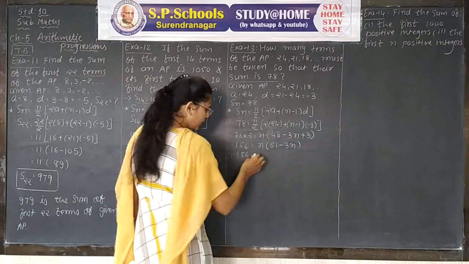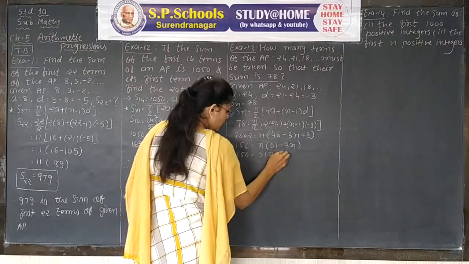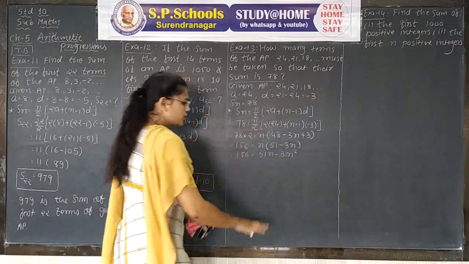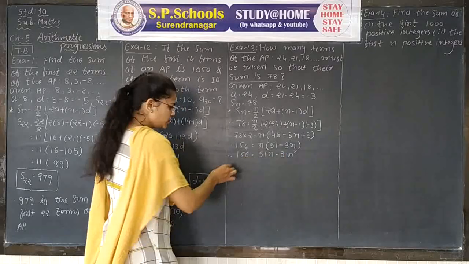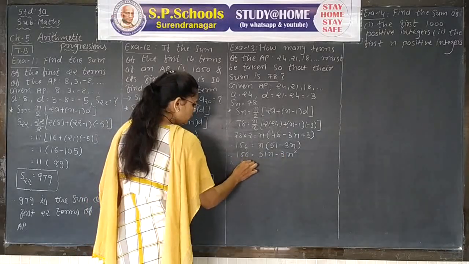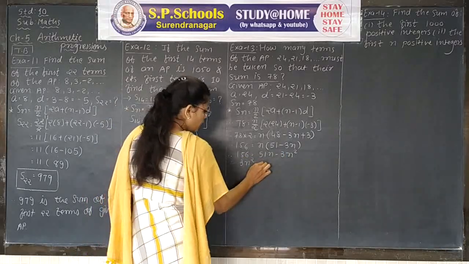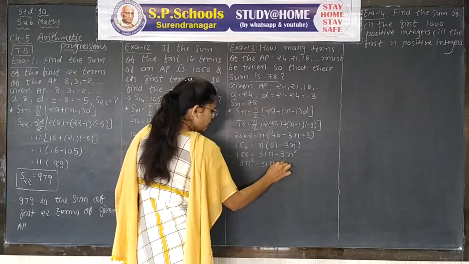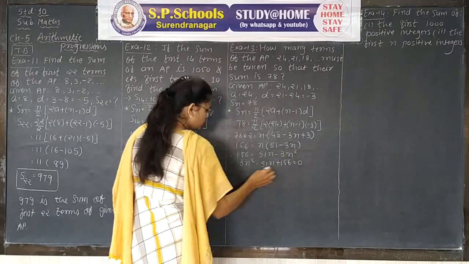Now we multiply n with the bracket, 51n minus 3n square. Shift the right hand side terms to the left hand side and we get the equation 3n square minus 51n plus 156 is equal to 0.